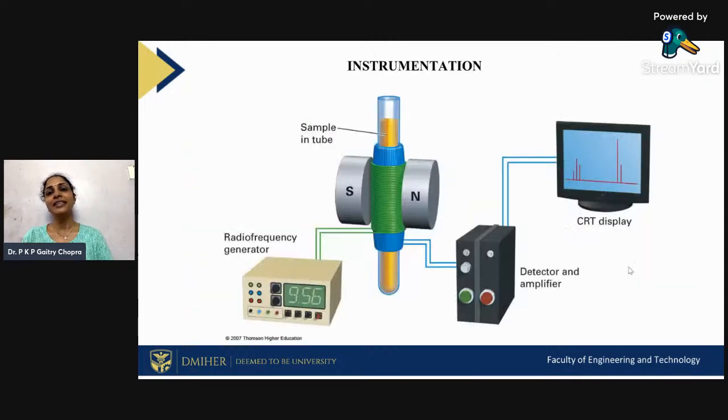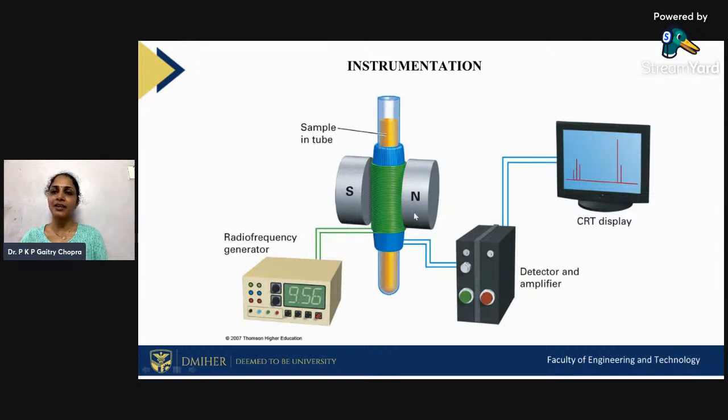Next. Now we see the instrumentation of the NMR spectrophotometer. See, this is the NMR spectrophotometer. This is a very simple representation of the instrumentation of NMR. The components are simple. There is a radio frequency generator which generates the radio frequency waves. Next is a glass sample holder which is placed in a strong magnetic field.